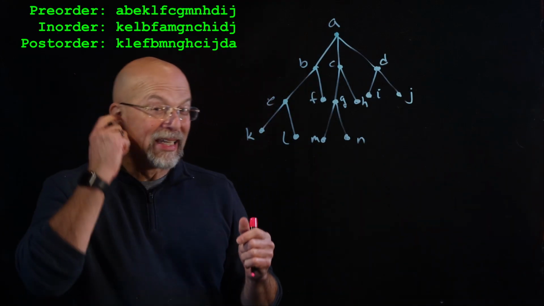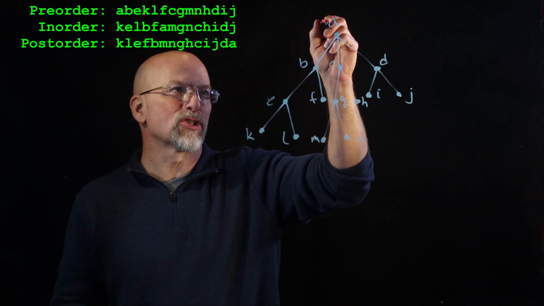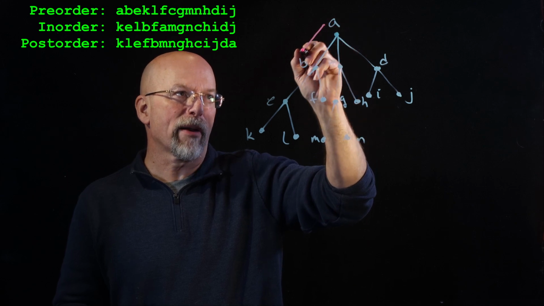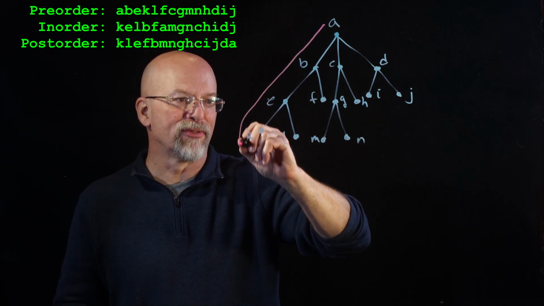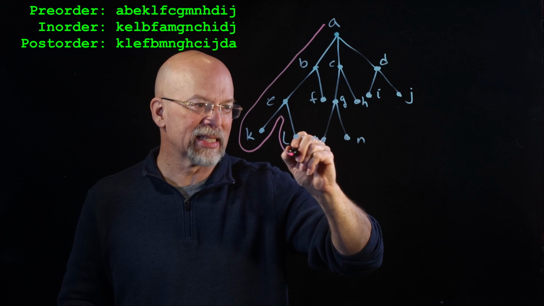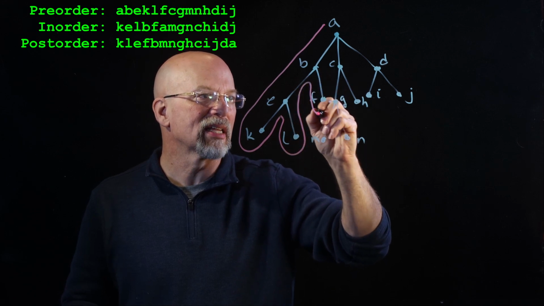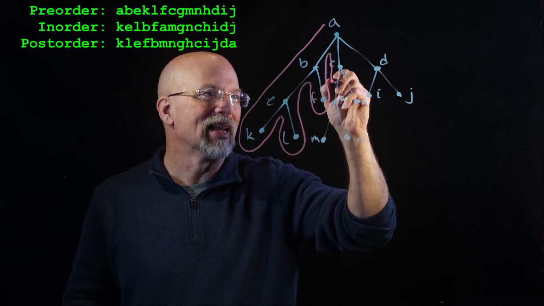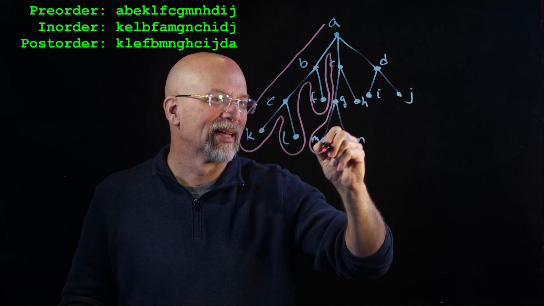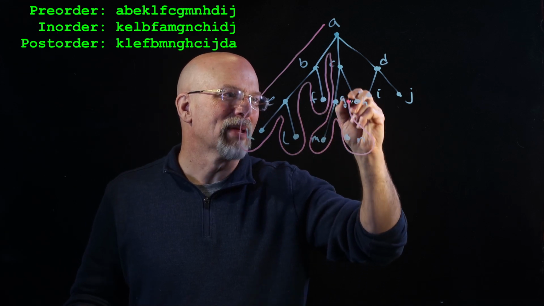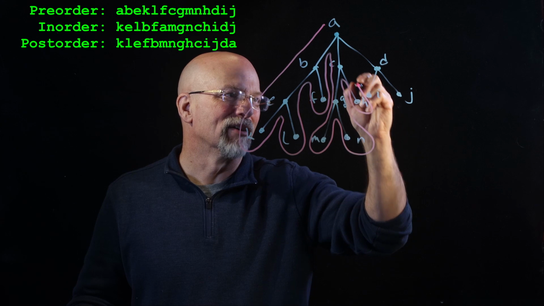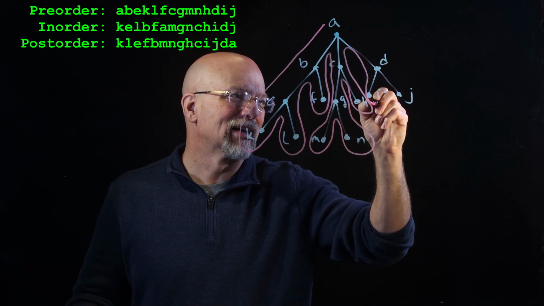Turns out that there's a little trick we can do. If you start at the root and you draw a path that keeps very tight and tucks into each one of these little nooks and crannies, I should have made a larger graph, shouldn't I have? All right.